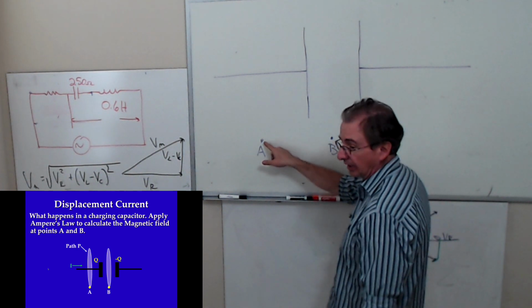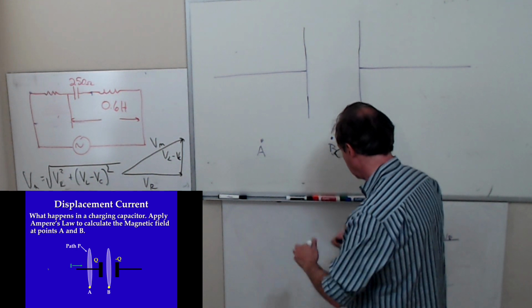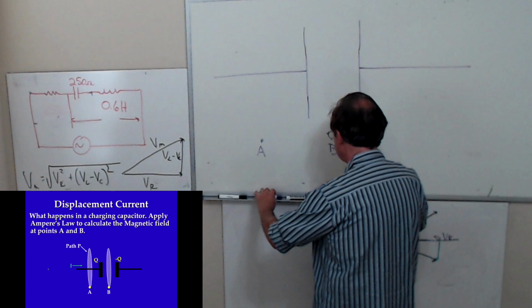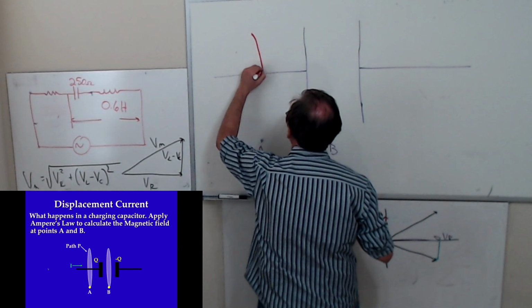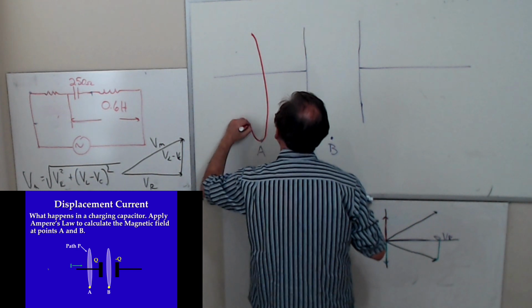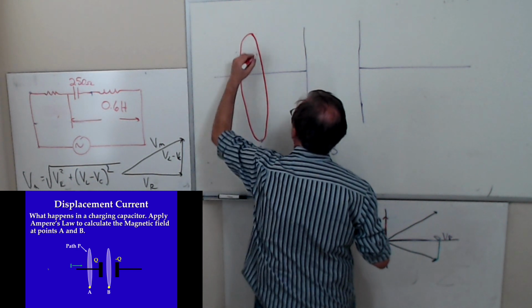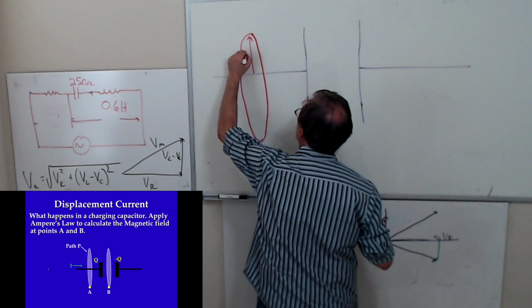Obviously, you would know how to calculate the magnetic field here, right? You would use Ampere's law. You'd say, okay, I'm going to make a loop of radius r.